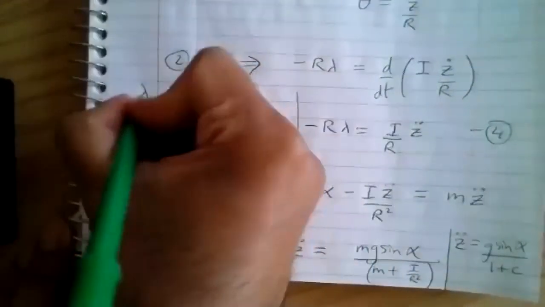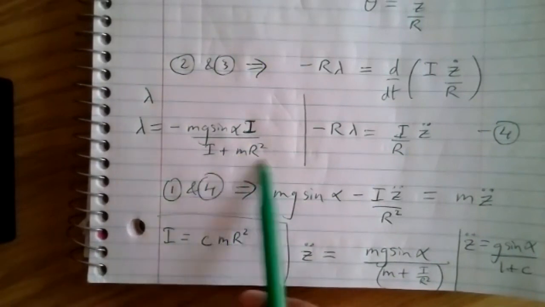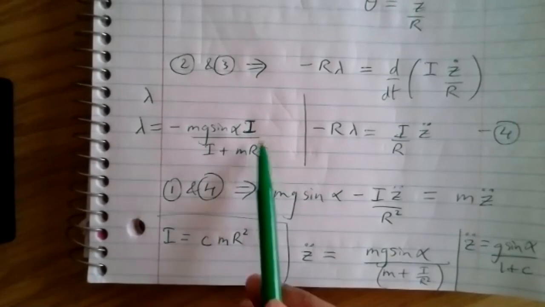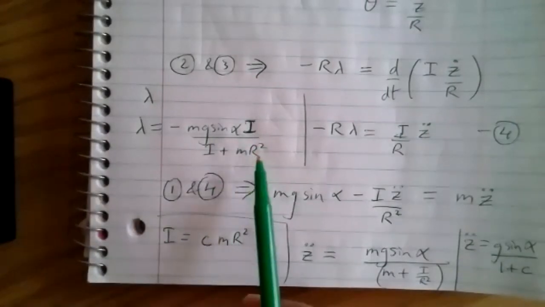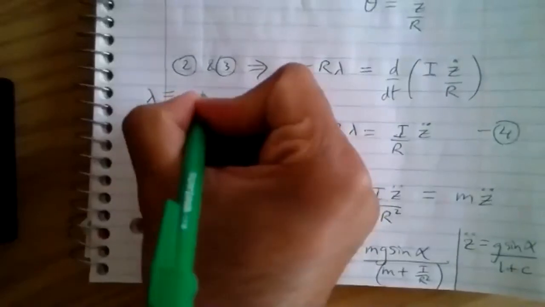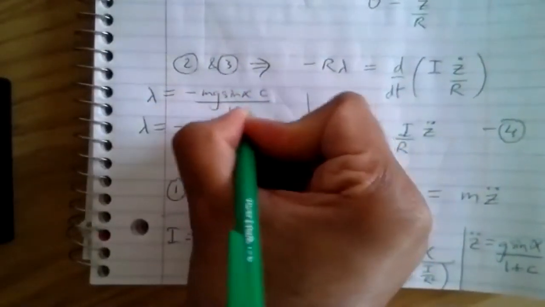And then similarly, lambda over here, let's see, so we'd have 1 plus c, and the m r squared goes away, and c. I believe we get minus mg sine alpha c over 1 plus c.